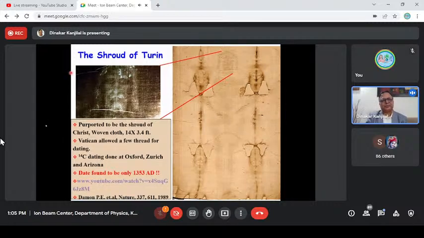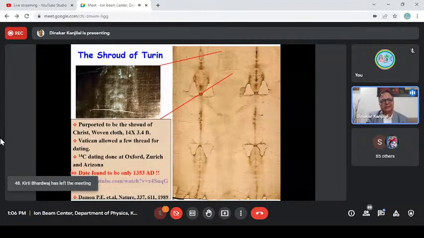This is one beautiful thing which gives a lot of publicity to AMS for the common man. There was a shroud which was claimed to be of Jesus Christ. So AMS in various labs found that science gives the same result, like a PN junction will work the same in Russia or USA or India or Bangladesh.